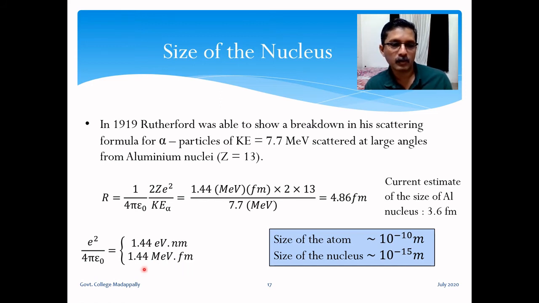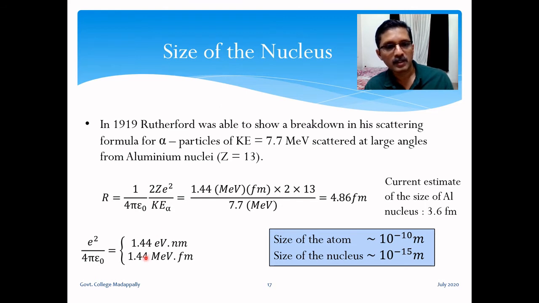e square by 4 pi epsilon 0 appears in many formulas, particularly when we discuss the Bohr model, you will see that this combination appears in many formulas. It's a very important constant, and we will also see one more constant related to that combination. Anyway, remember this value and do this calculation and verify that.